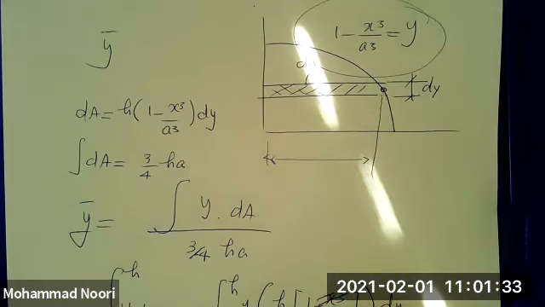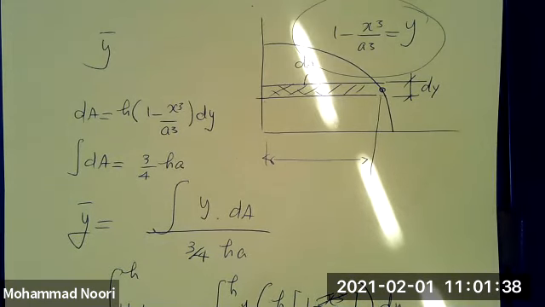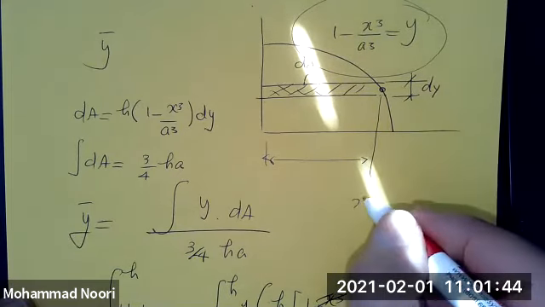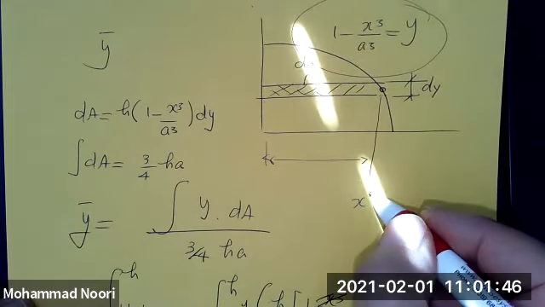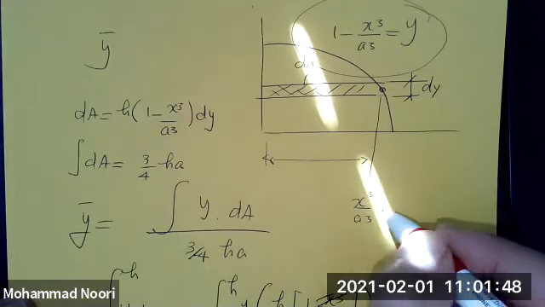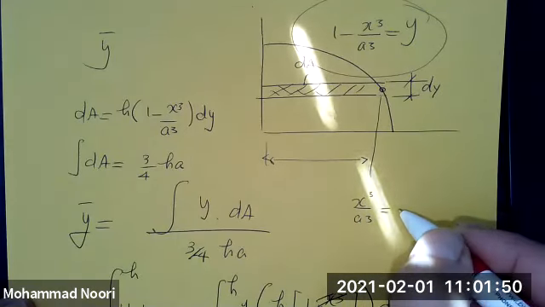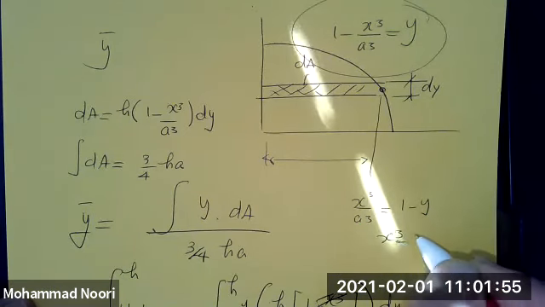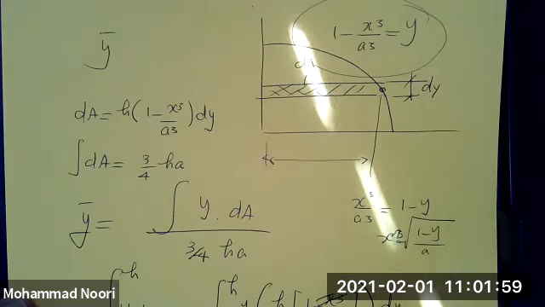That's the mistake I made. And x in this case would be a little bit complicated because you have to take this to the other side. So you have x cubed over a cubed, which would be 1 minus y. So x cubed is 1 minus y times a cubed, or x is this.